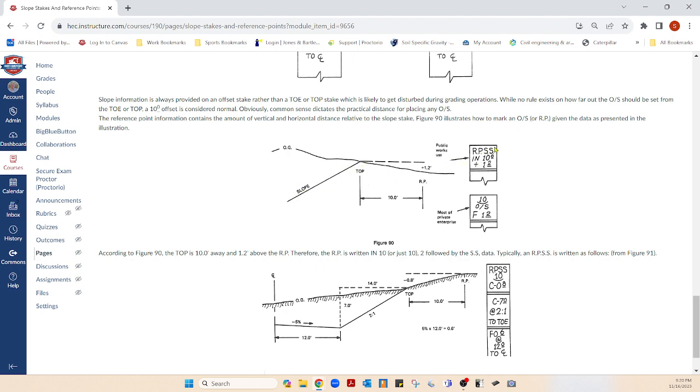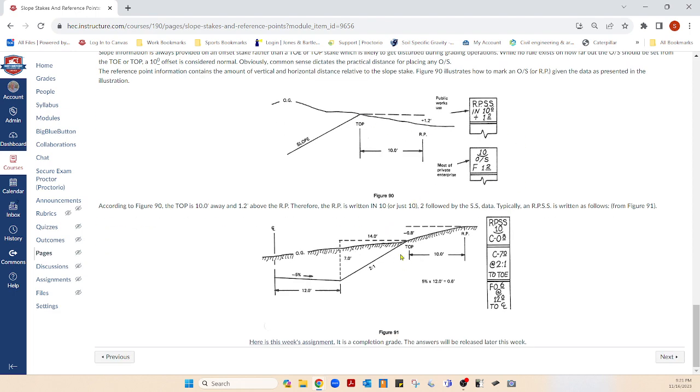So the reference point to slope stake is telling us 10 feet to fill 1.2 in 10 feet. And that's where the top stake starts. And it could be written like this, and it could be written like this. That's all this is talking about right now. There's your 10 feet from here, and that's just telling us where to start.